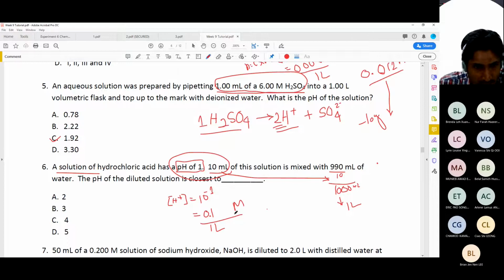So the hydrogen concentration is 0.1. I got the concentration, and then the volume is 10 milliliter. So C times V: 10 milliliter means 10 over 1000, 0.01.